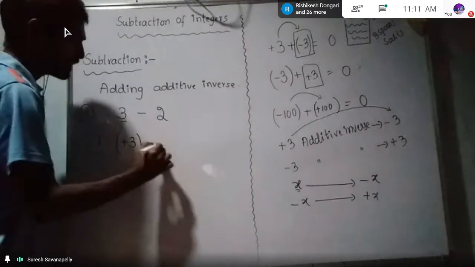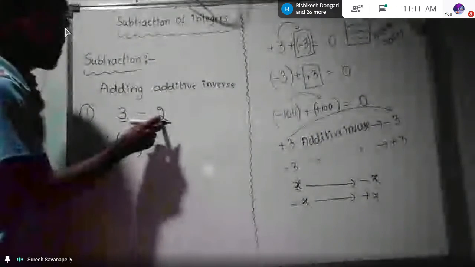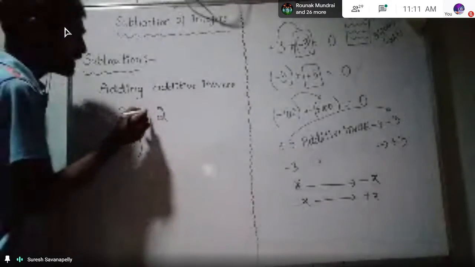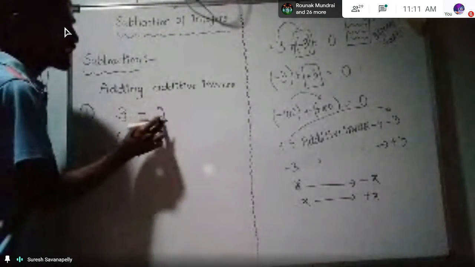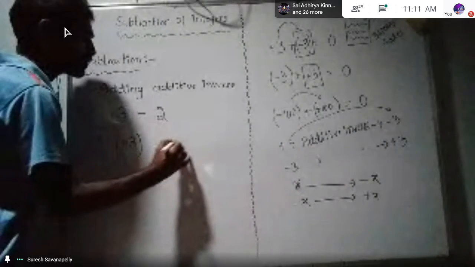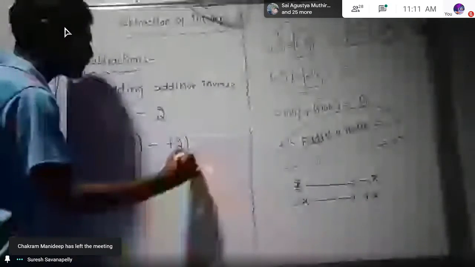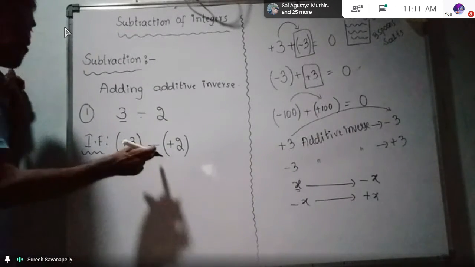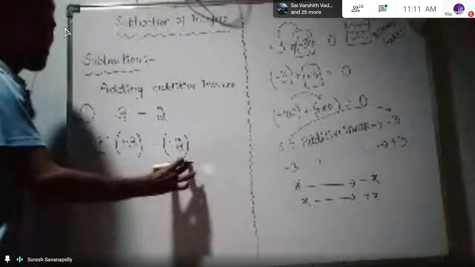Minus is the operator. What is the sign of 2? The sign of 2 is actually not minus, minus is the operator. The sign of 2 is not given, so therefore it is plus 2. So plus 3 minus plus 2.